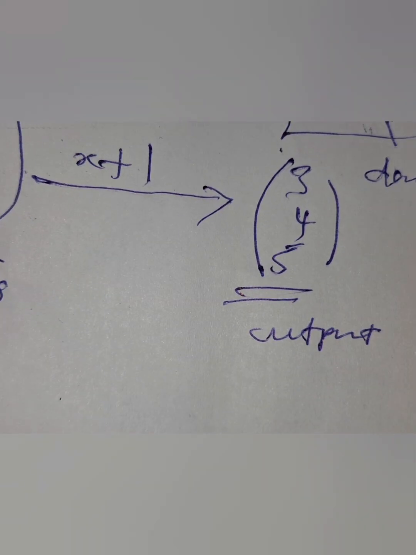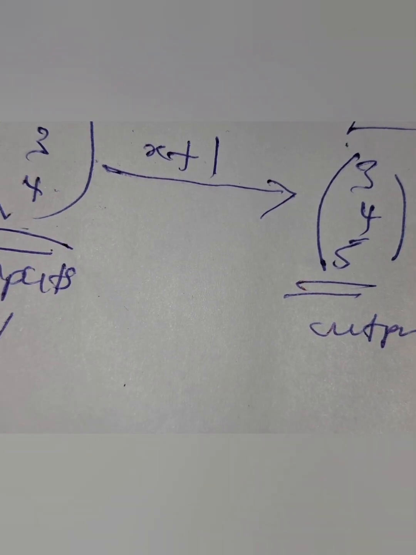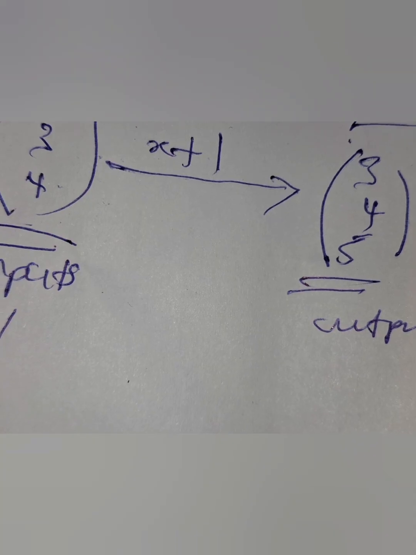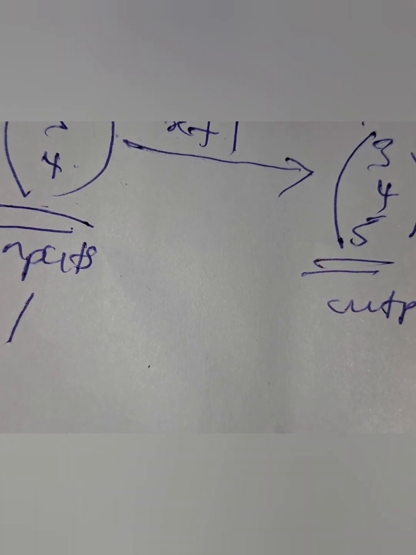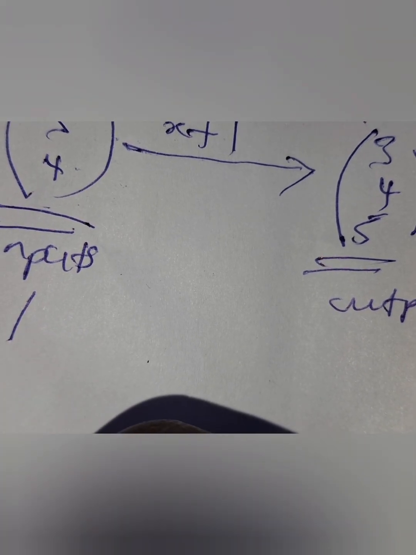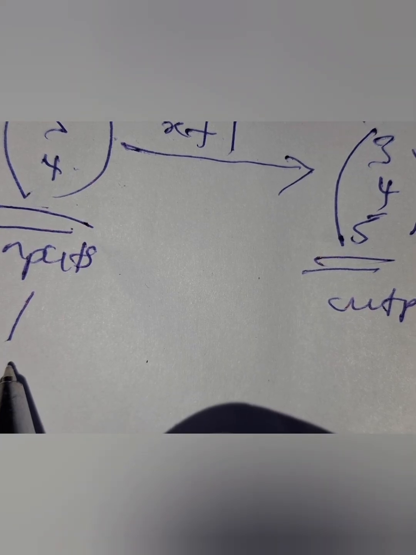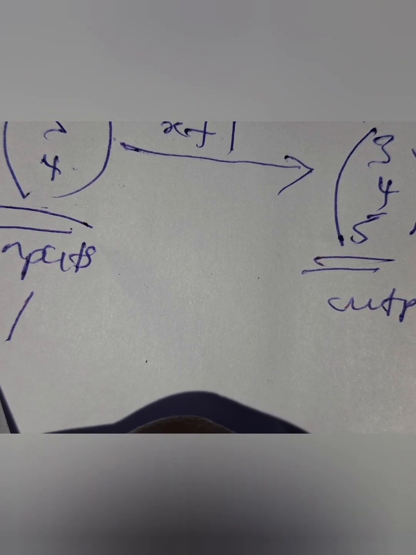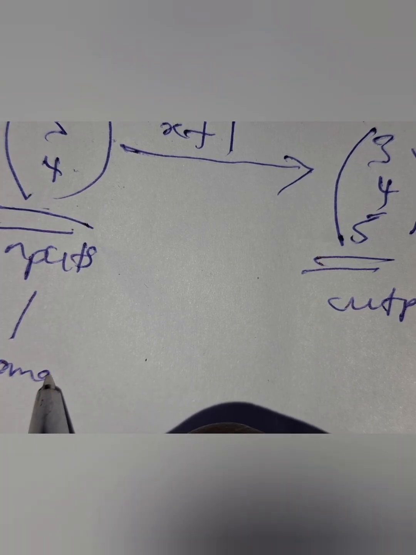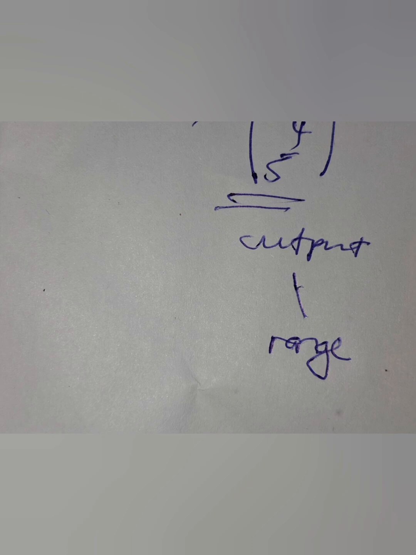Now, according to the definition, the inputs that we put into a function are known as the domain. And the outputs that we get from a function are known as the range. So what is our range in this case?